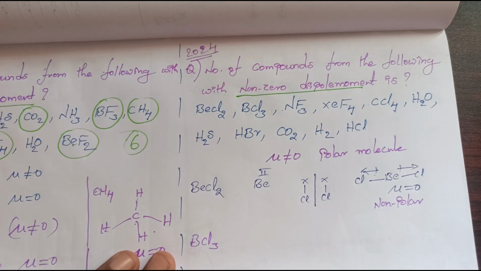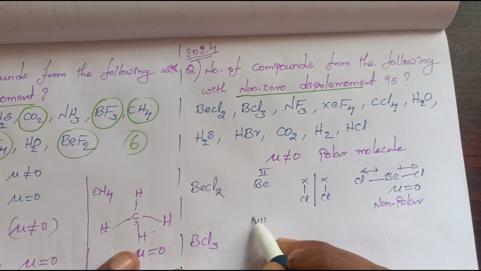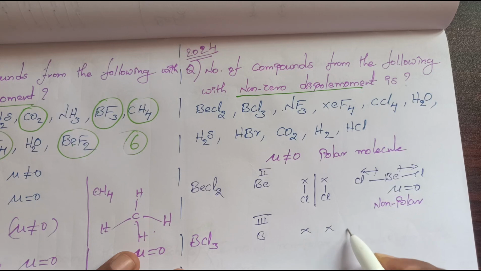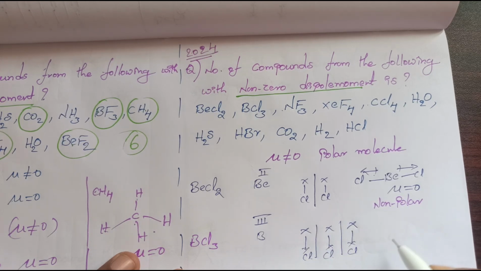BCl3. What is the central atom here? Boron, group number 3, valence electrons 3. Around the boron 3 chlorines are present, overlapping like this with the chlorine valence electron. Now what is the shape of the molecule?